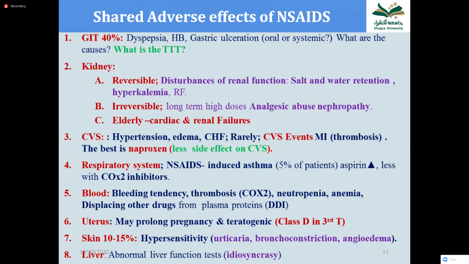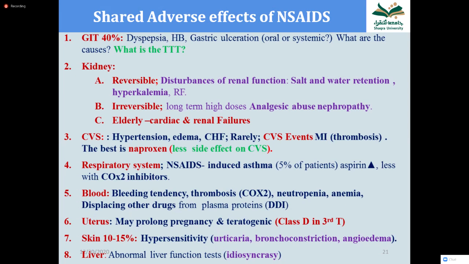Then CVS: it may lead to hypertension, edema, congestive heart failure, and rarely it causes myocardial infarction because of the thrombotic effect. You must have seen the thrombotic effect because of this COX inhibition. So it is best to give naproxen, which has fewer side effects on the cardiovascular system.